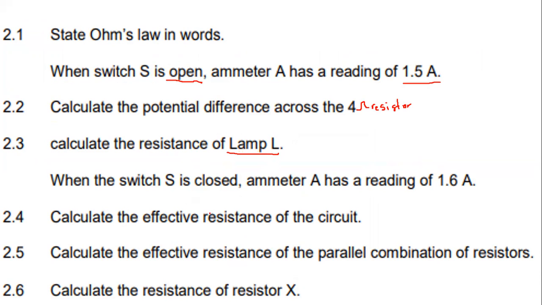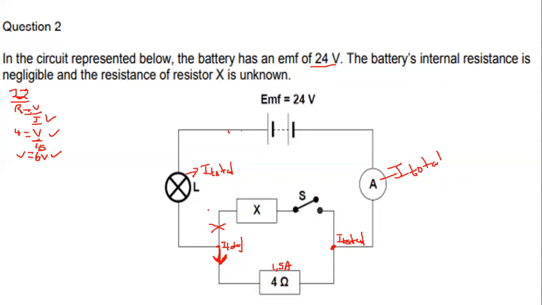So I want the resistance of lamp L. Now, my dear learners, do you agree with me that I used up 6 volts there? Remember, this resistor is getting the total current.